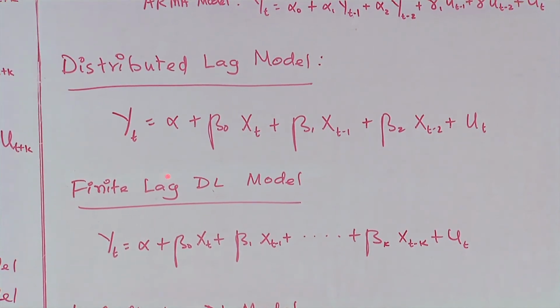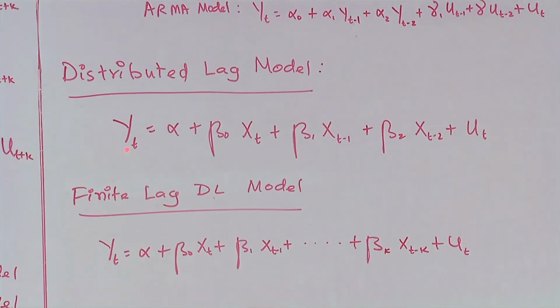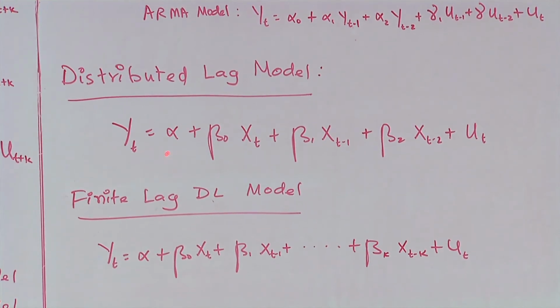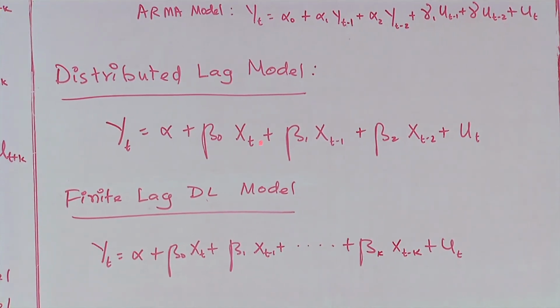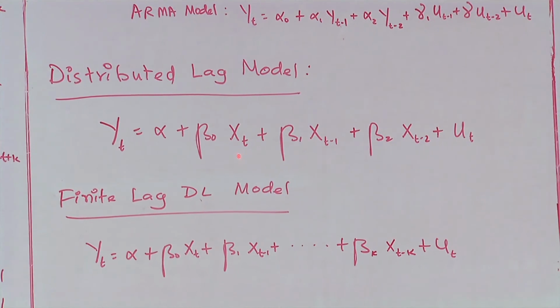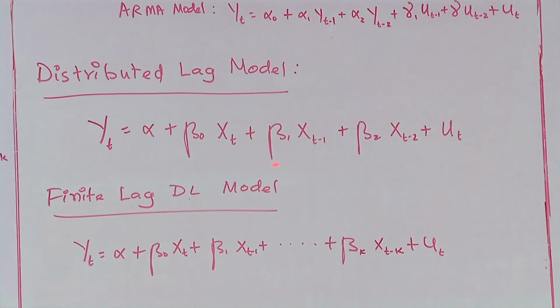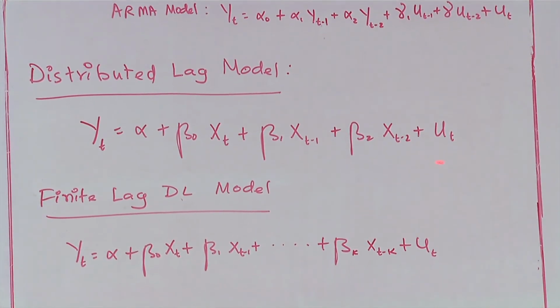This is one example of a distributed lag model. As we defined earlier, distributed lag models have the lagged variables of the independent variable. Just look at this model: you have xt, xt minus 1 and xt minus 2 as the independent variables.